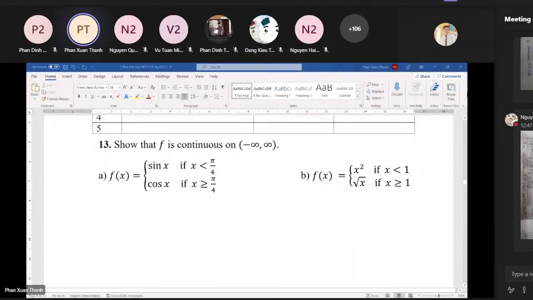Okay, for the exercise number 13. Okay, so as I said, the first step we should say about the continuity.